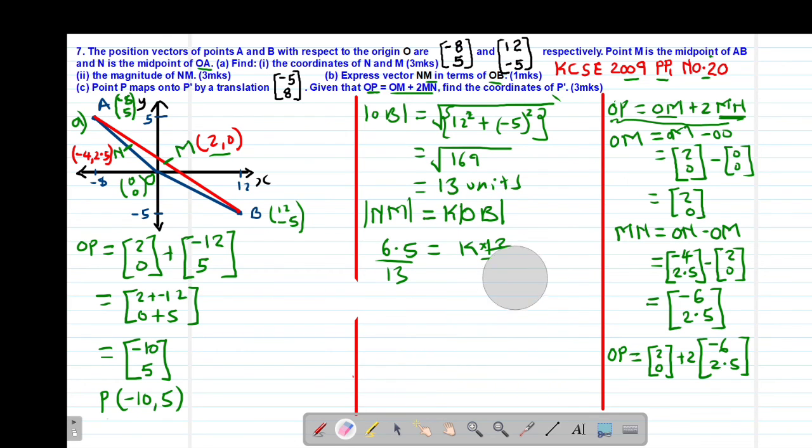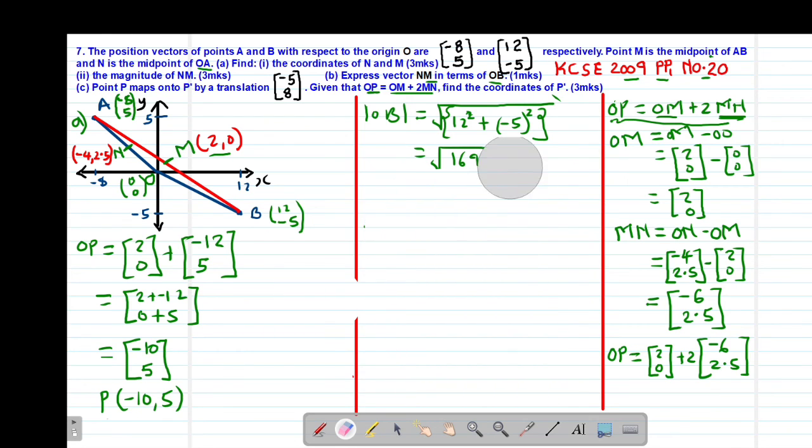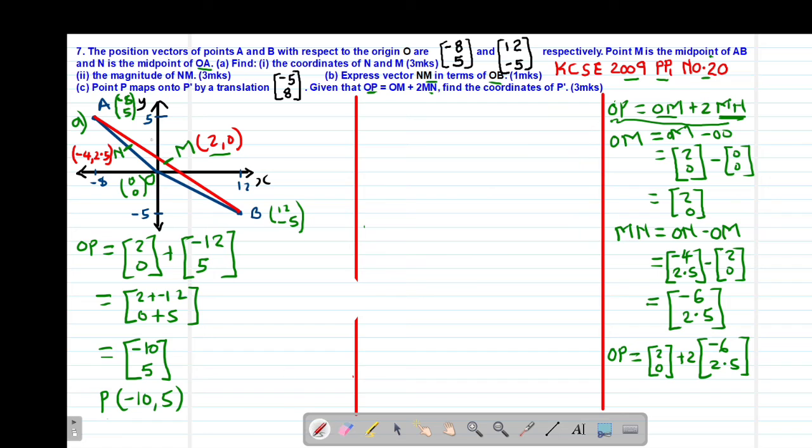But the question does not want us to find the coordinates for point P. Instead, the question wants us to find the point P' that P maps to by this translation. Remember, when you take the coordinates of the object plus the translation, it should give you the coordinates of the image.